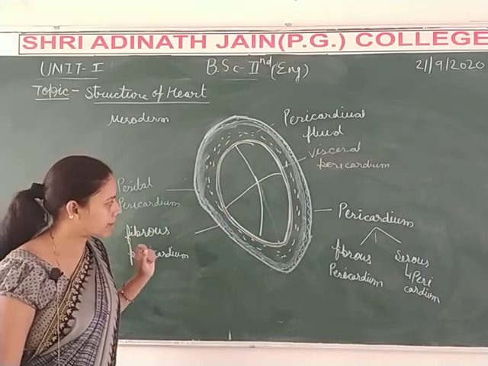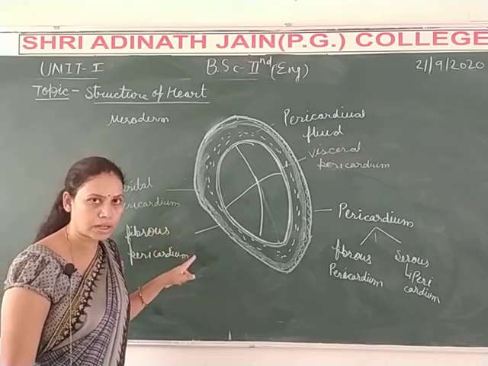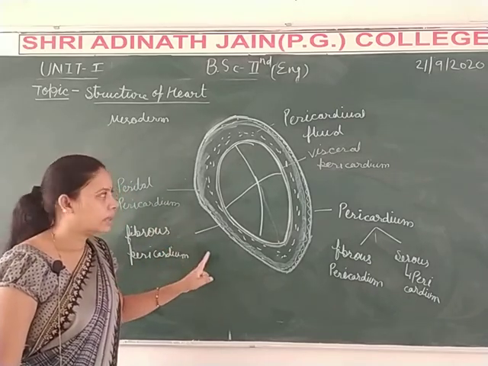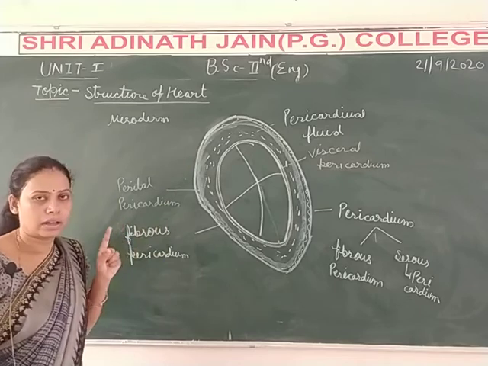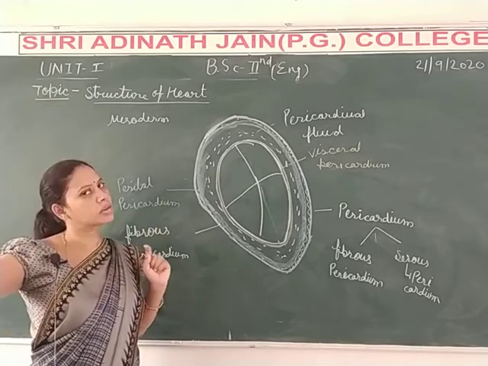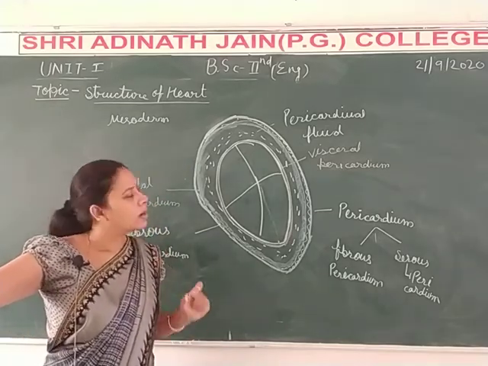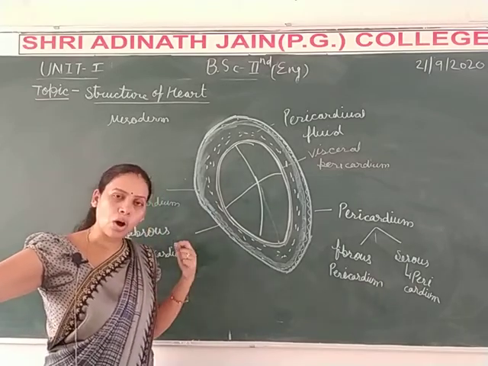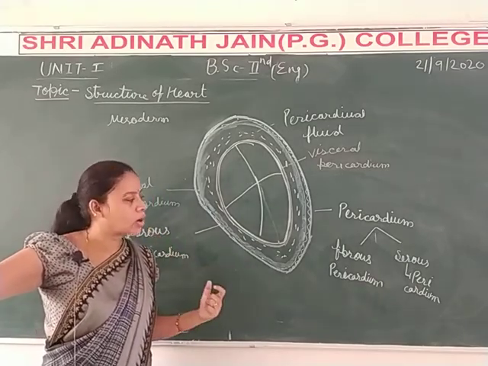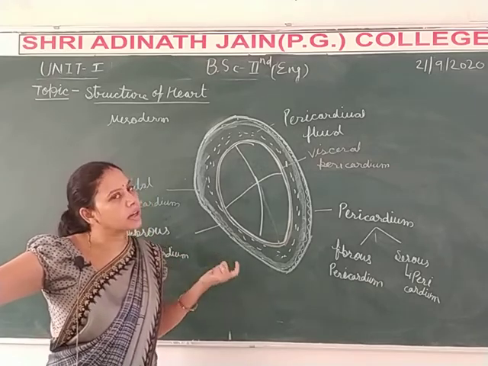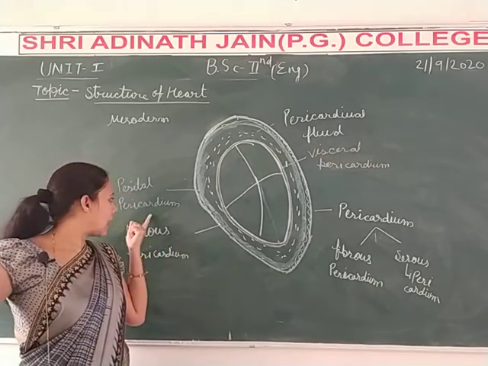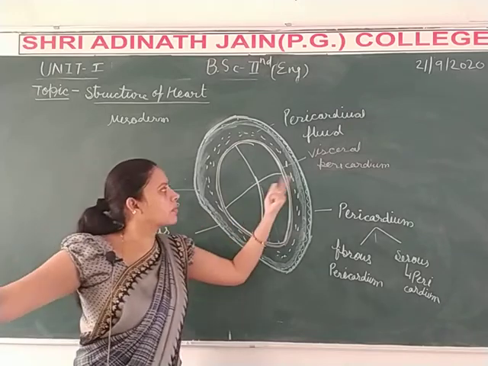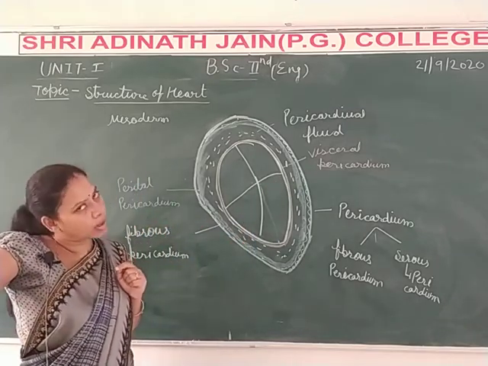I hope you understand that the complete covering of the heart is known as pericardium, divided into two, fibrous and serous pericardium. The serous pericardium is again divided into two, the parietal pericardium and the visceral pericardium.